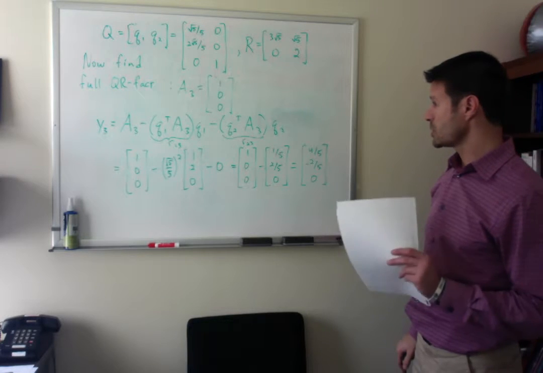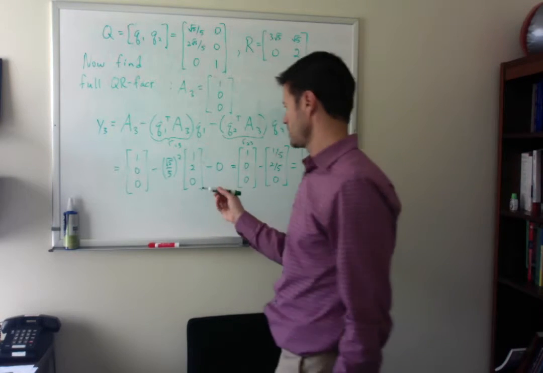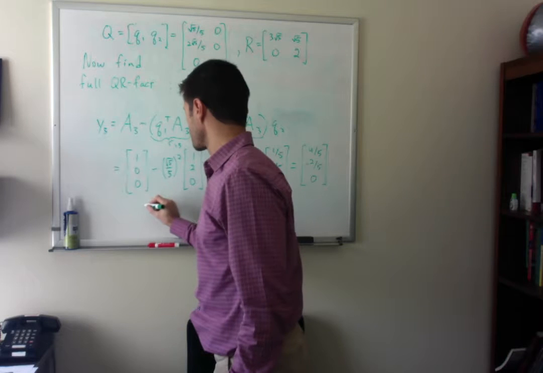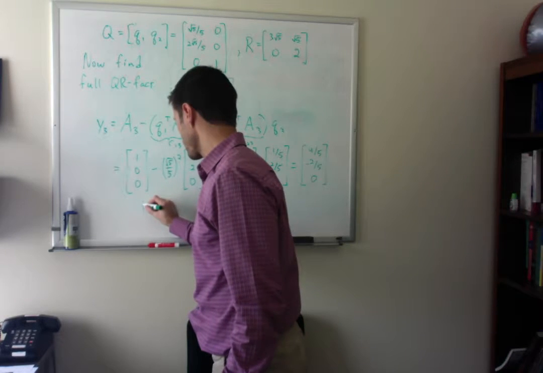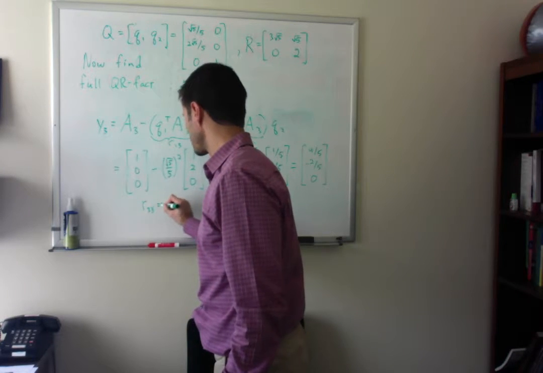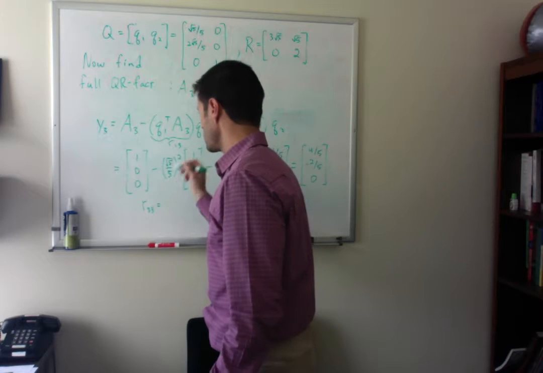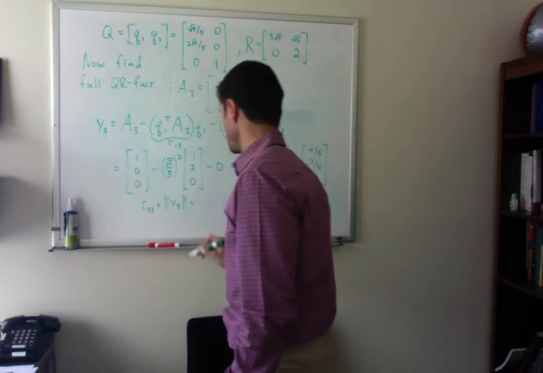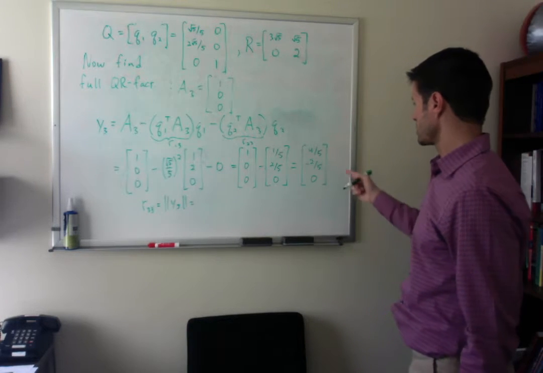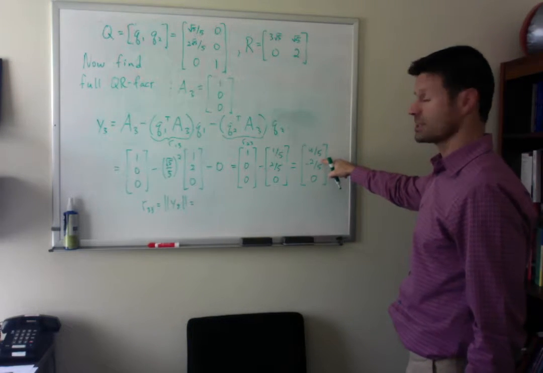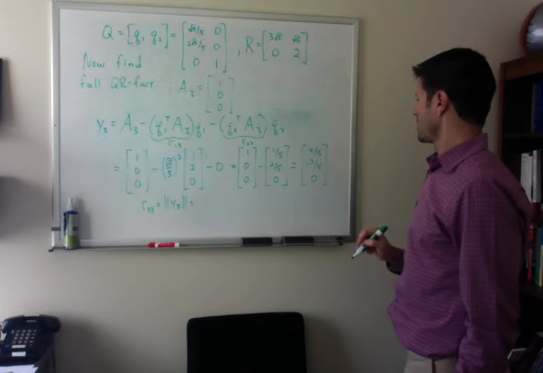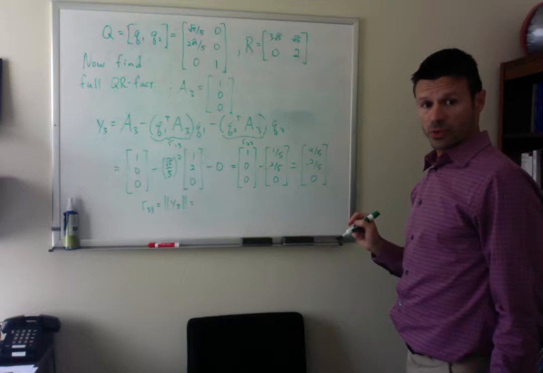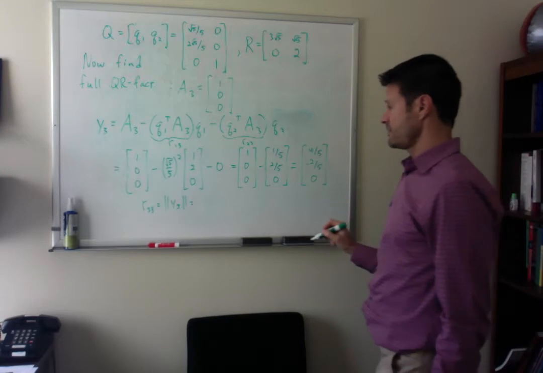So we have to make it into a unit vector. Again, R33 will not show up in our R, but we'll label this as R33. This is the norm of Y3. And so this equals the square root of a sum of squares. If I take these entries and square them, this will be 16 over 25 plus 4 over 25.